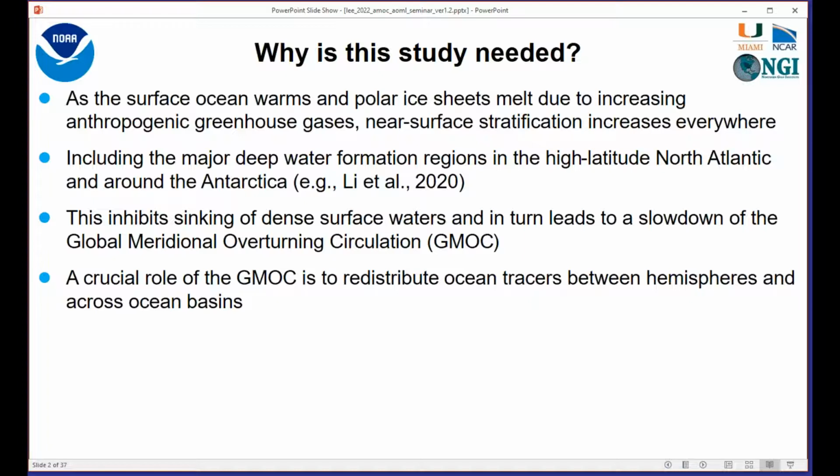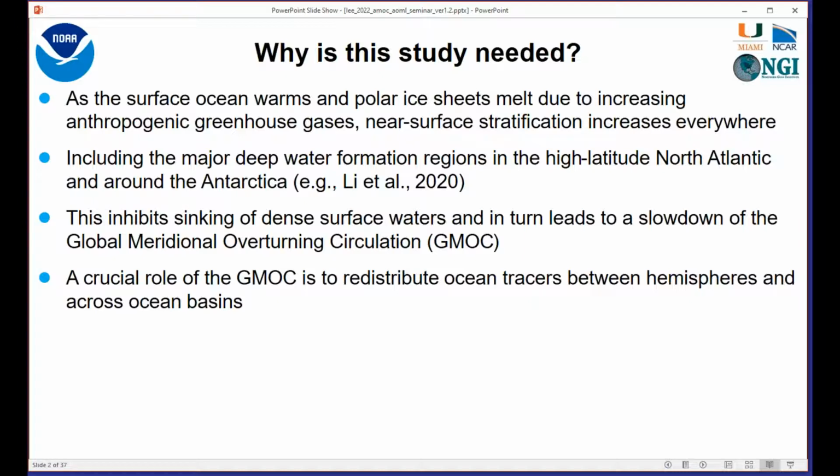This will reduce the sinking of the dense surface water down into the deep ocean, and therefore lead to a slowdown of the global meridional overturning circulation, GMOC. That's the terminology I'm going to use throughout my presentation.